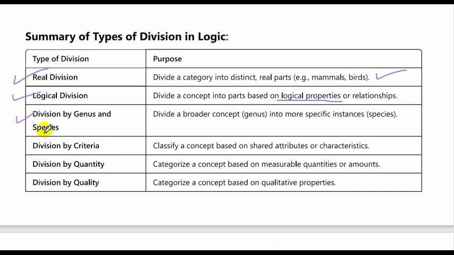Division by genus and species divides a broader concept, that is genus, into more specific instances, that is species. Division by criteria classifies a concept based on shared attributes or characteristics. Division by quantity categorizes a concept based on measurable quantities or amounts. Division by quality categorizes a concept based on qualitative properties.